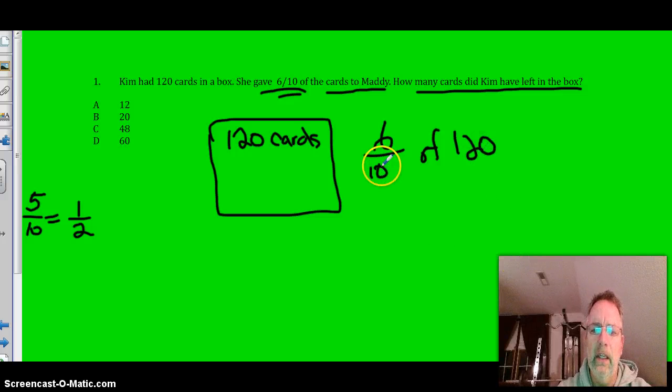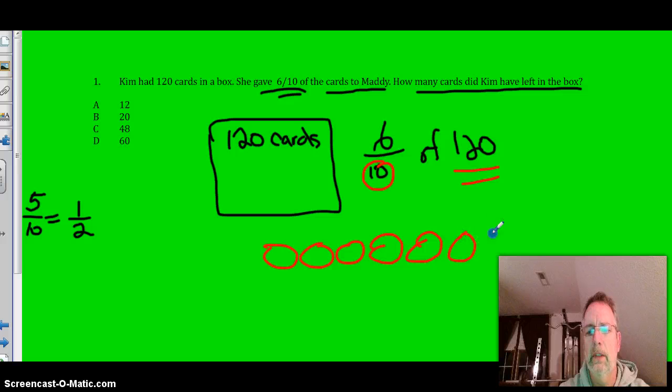Again, our denominator tells us how many equal groups we need to put our whole amount in. In this case we've got 10: 1, 2, 3, 4, 5, 6, 7, 8, 9, 10. So if I take my 120 cards and split them into 10 equal groups, I will end up with 12 in each group.